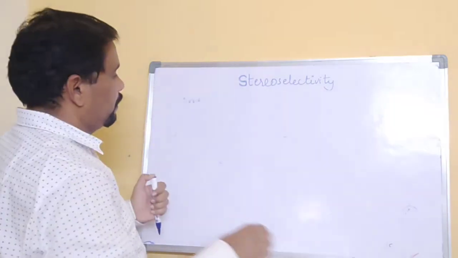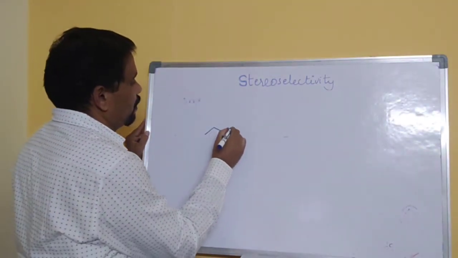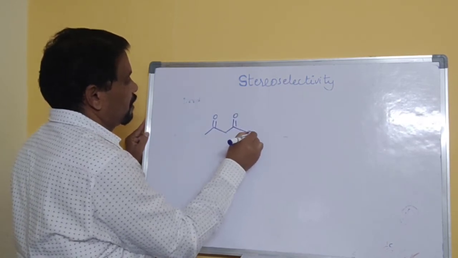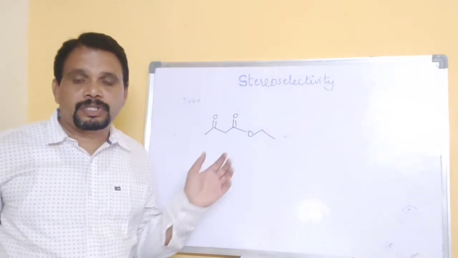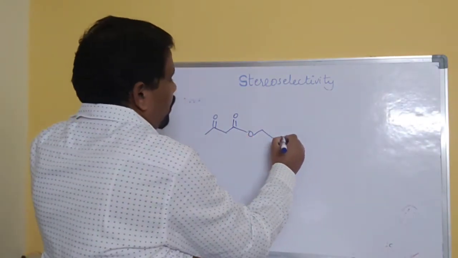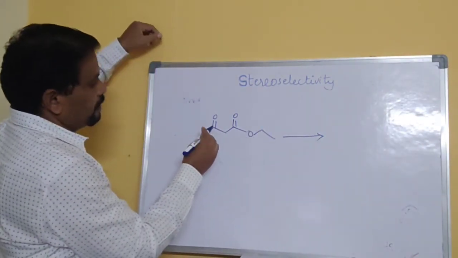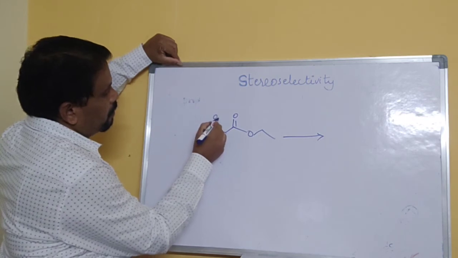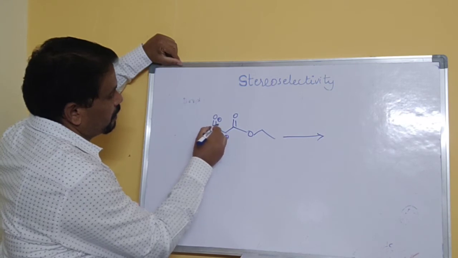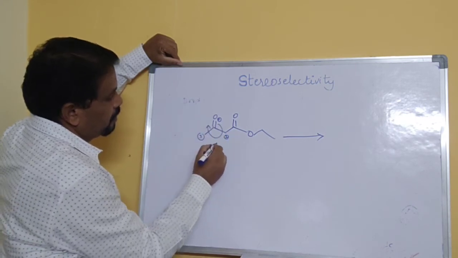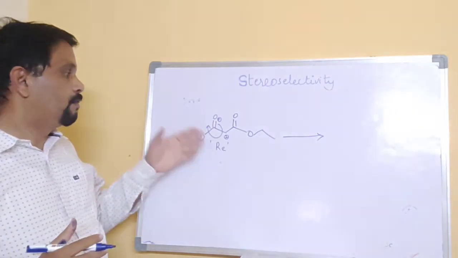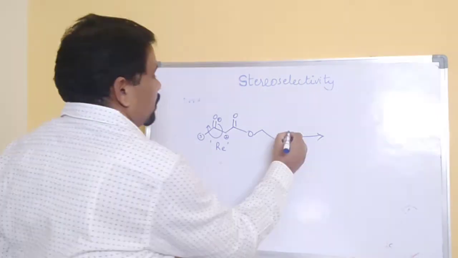So as I already gave you this example in the last class, in the beginning of my class, this is the substrate. What is the face here? First priority, second priority, third priority, clockwise, so Re face, front attack.